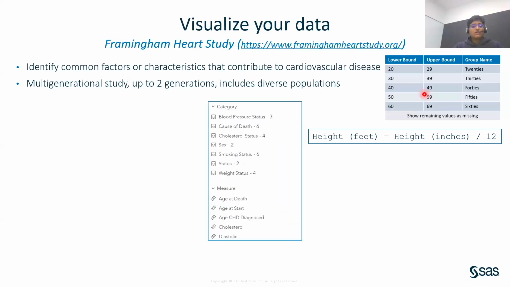Following this, there would be a lot of other variables that you bring into the picture. Like in our Framingham Heart Study, the sample of the data that we are going to take, we are going to look at the age at which a CHD was diagnosed for a patient. Along with that, there would be very important risk factors that you would also want to attach to it: the weight status, the blood pressure status, the cholesterol status, the smoking status.